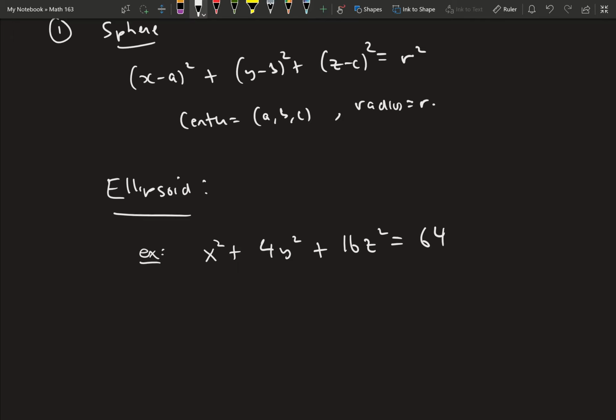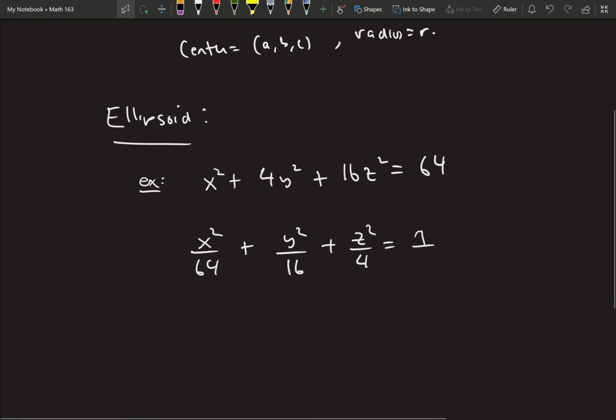Then, when we divide both sides by 64, we get x squared over 64 plus y squared over 16 plus z squared over 4 is equal to 1. And this is the generalization of an ellipse. Just like a circle generalizes to an ellipse, a sphere generalizes to the ellipsoid.